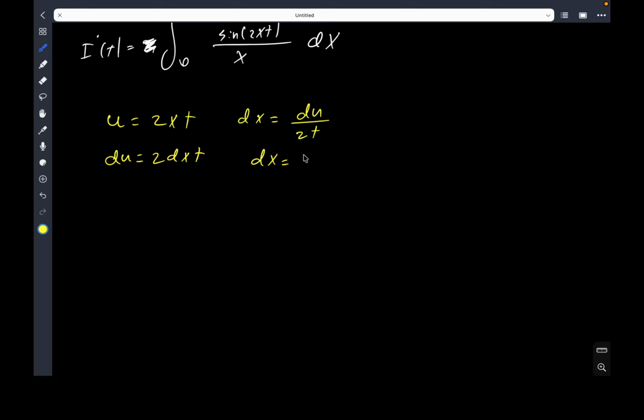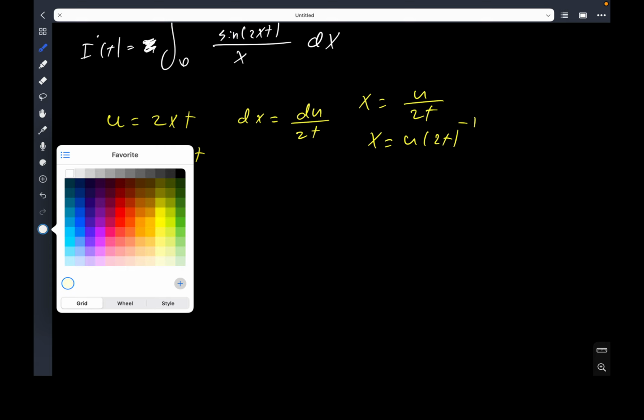Then x is u over 2t, and I can write x as u times 2t to the power of -1, and you'll see why I did it.